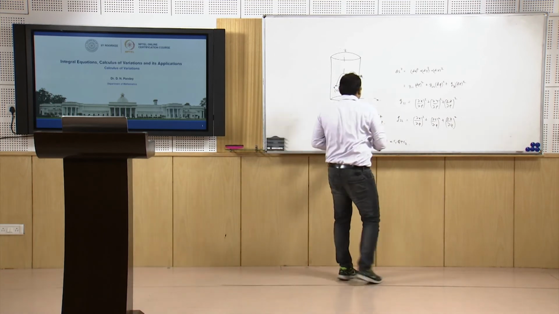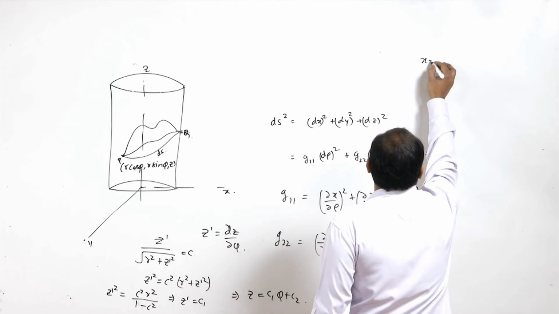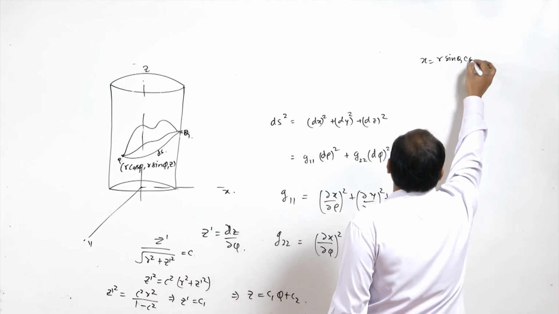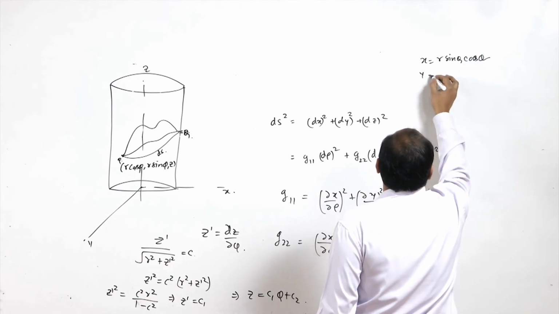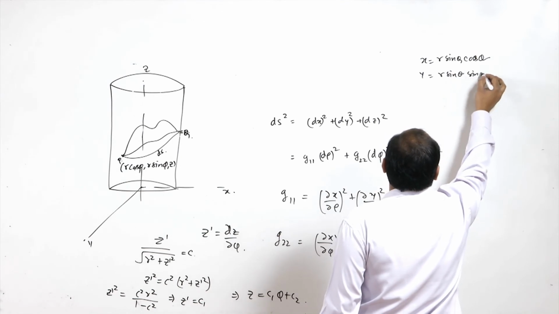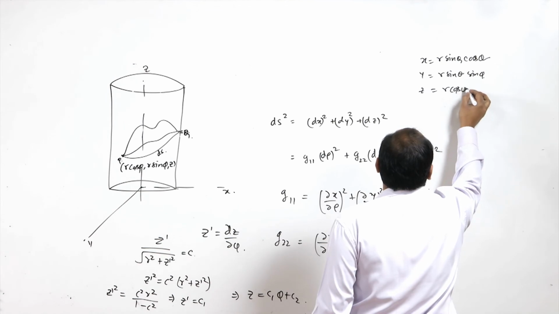So here you can write x equal to r sin theta cos phi, y equal to r sin theta sin phi, and z equal to r cos theta.